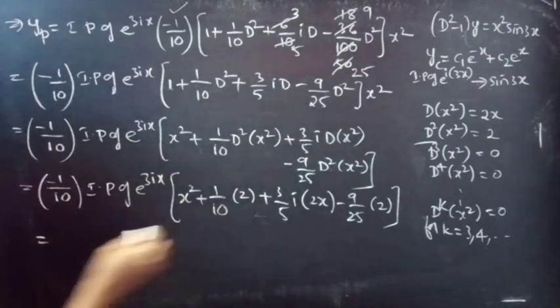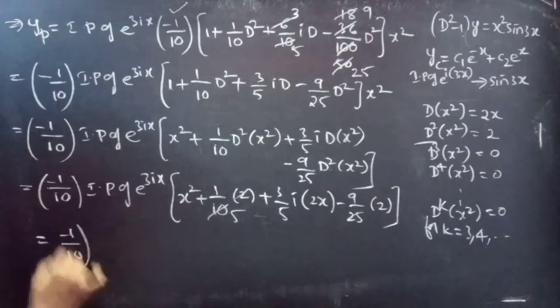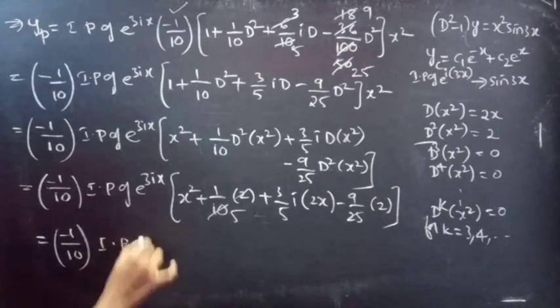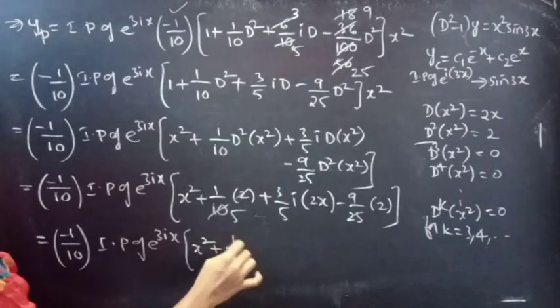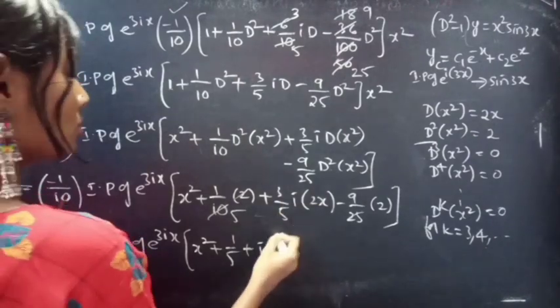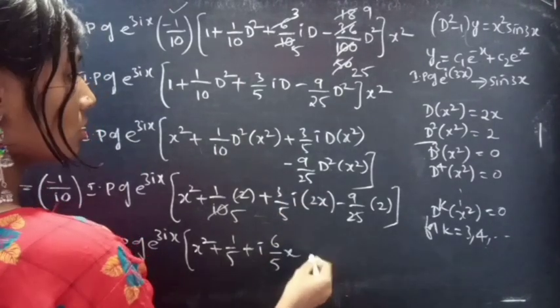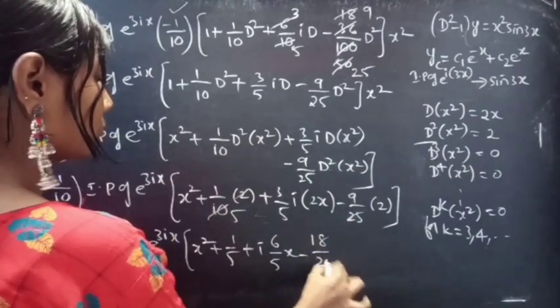This is equals to 2 1s are 2, 5 2s are 10, minus 1 by 10 into imaginary part of e power 3ix into x square plus 1 by 5, plus i into 3 2s are 6 by 5 into x, minus 9 2s are 18 by 25.